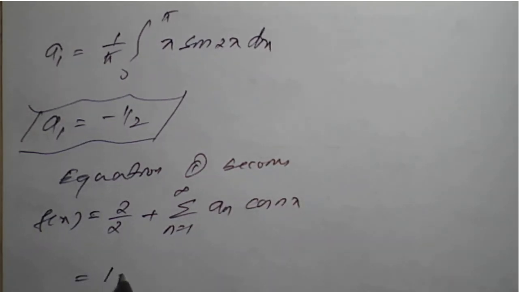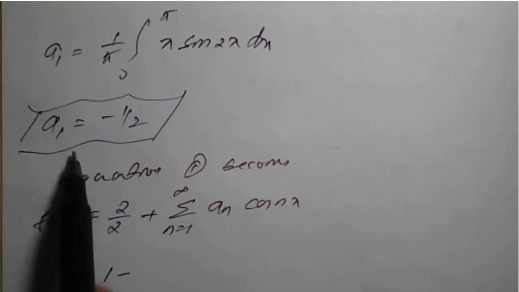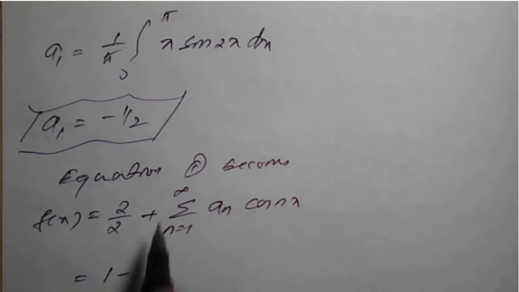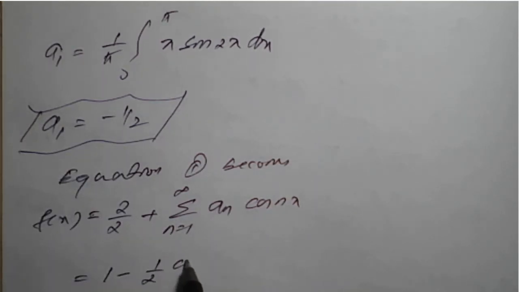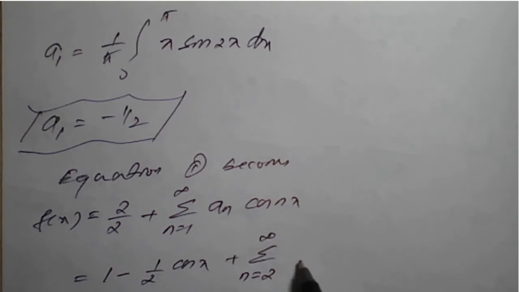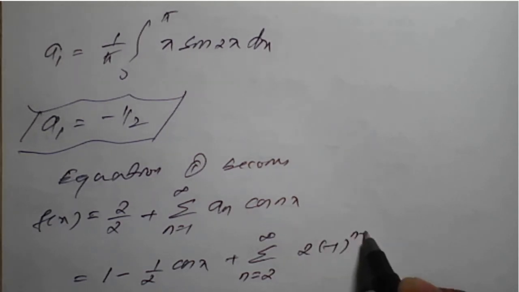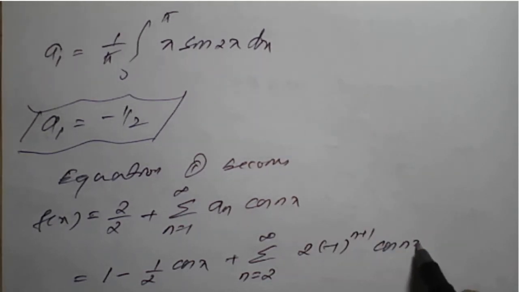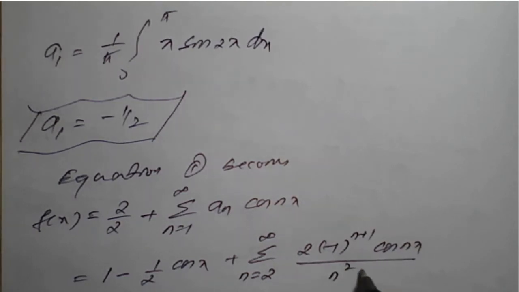So it can be written as 1 minus, here we got the value of a1, that is minus 1 by 2 of cos of x, because the n value is 1, plus the next term: summation, n is equal to 1 already taken, so it will start from 2 to infinity. The an value, what answer we got as an, is nothing but 2 times minus 1 raised to n plus 1 into cos of nx divided by n square minus 1.